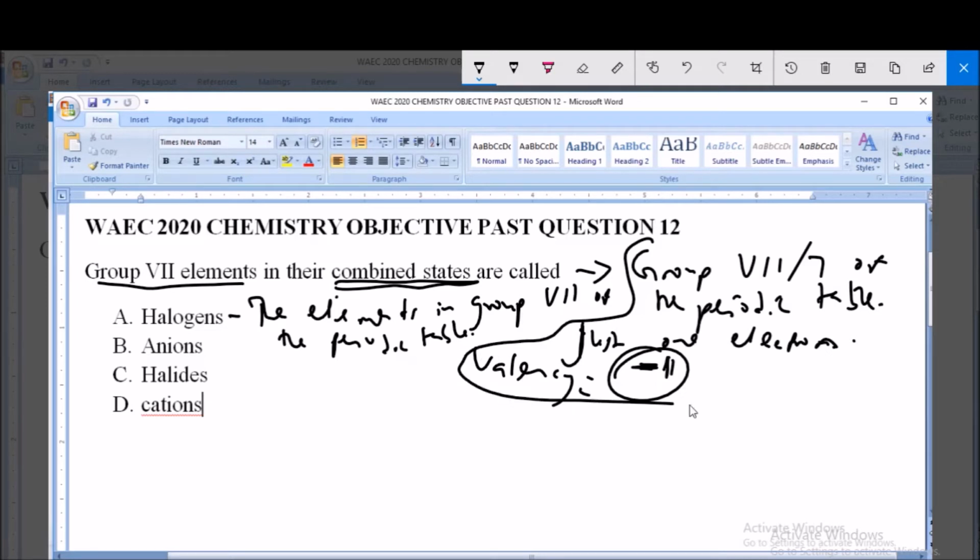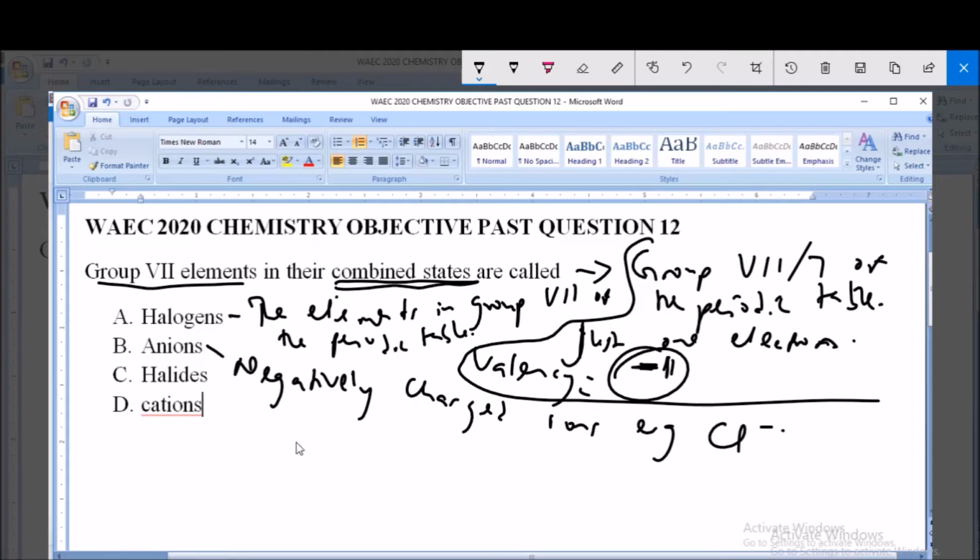Anions are basically just negatively charged ions. An example is the chloride ion.